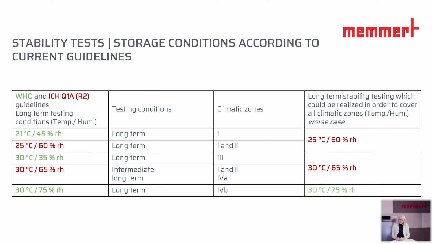For climate zone 4A, which is hot and humid climate, the testing is at 30 degrees and 65%. And for climate zone 4B, the long-term testing shall be done at 30 degrees and 75% RH. So that means there is a coverage of the global zones worldwide. And we have here the worst case, which means for climate zones 1 and 2, testing at 25-60. For climate zones 3 and 4A, 30-65%. And climate zone 4B, 30-75% RH.